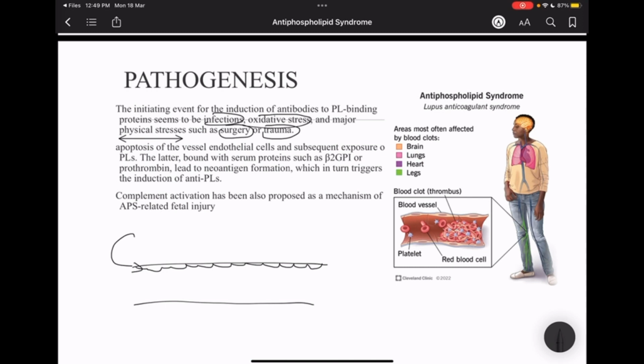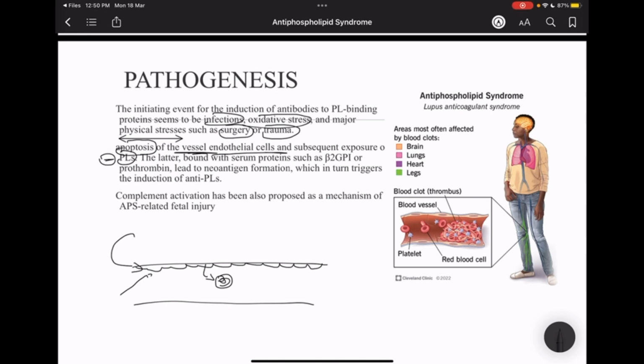That can induce apoptosis of the vessel endothelial cells, and because of that the phospholipid will be released out, not because of the negative charge, but because of the apoptosis.